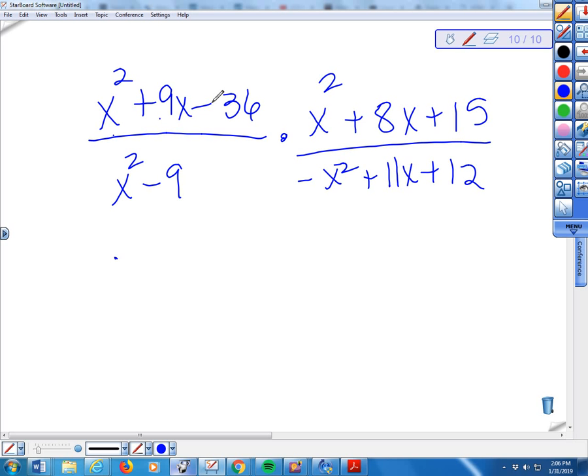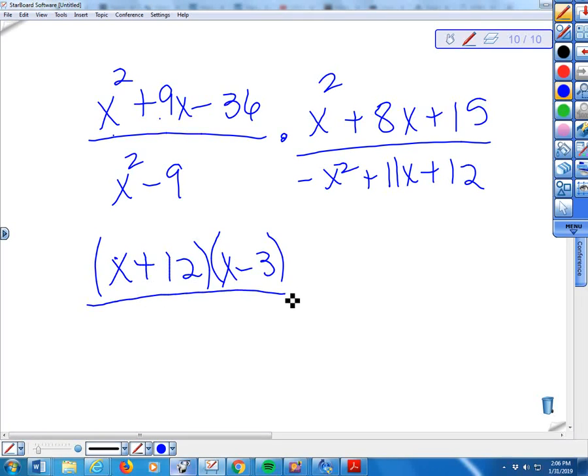Yep. So this is x plus 12, x minus 3. How do I factor the bottom? Difference of two squares. So x minus 3.